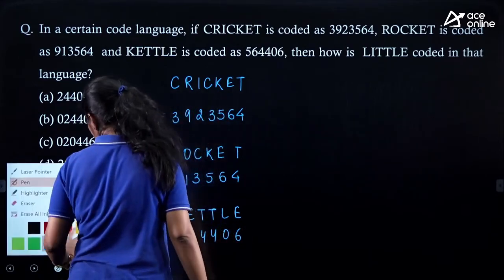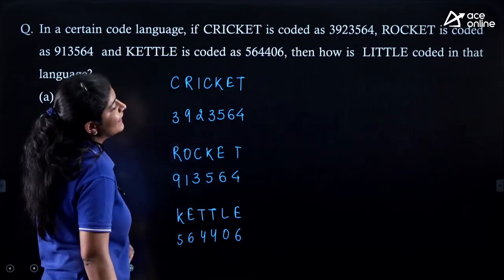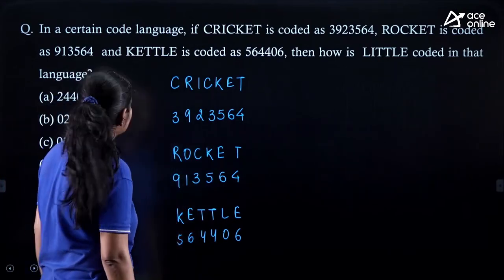These are the codes which are given over here. Now the question is asking, how is little coded in that language?